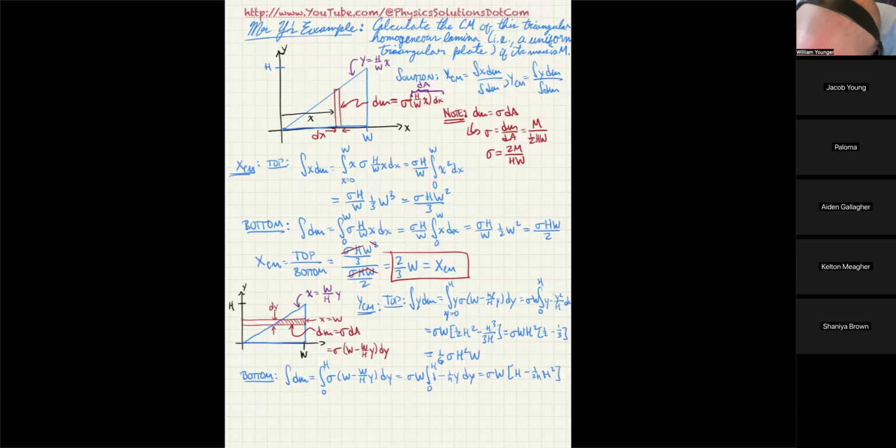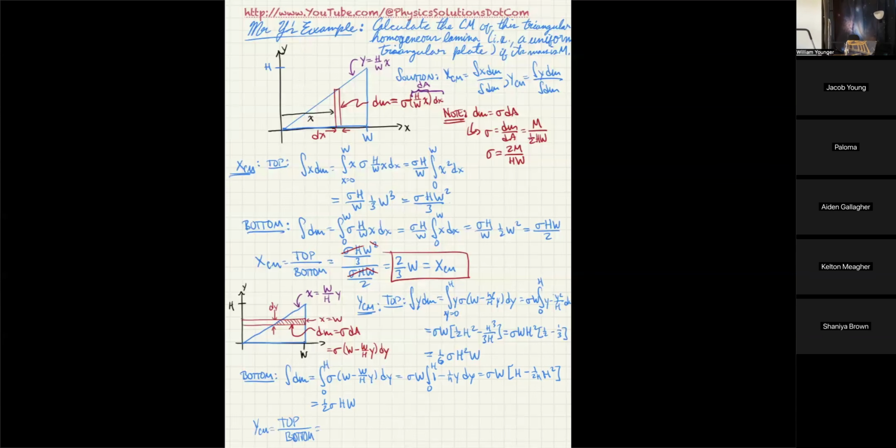So now we have 1 minus 1 half, and that's going to give me sigma w common factor of h, and then 1 minus 1 half is going to be just 1 half. So I'll write it this way: 1 half sigma h w. So y center of mass is equal to top over bottom.